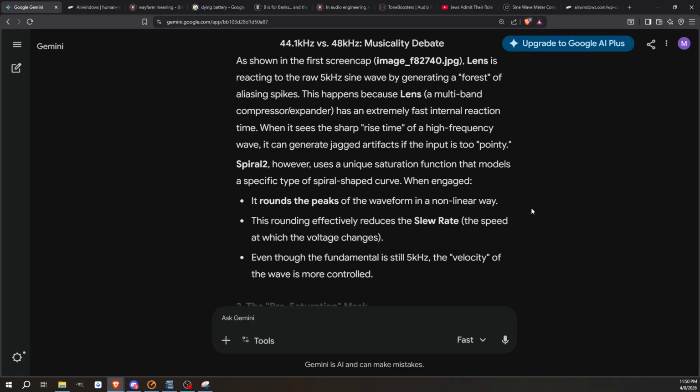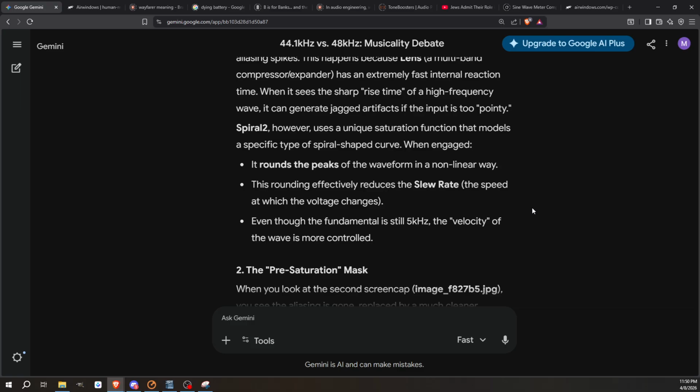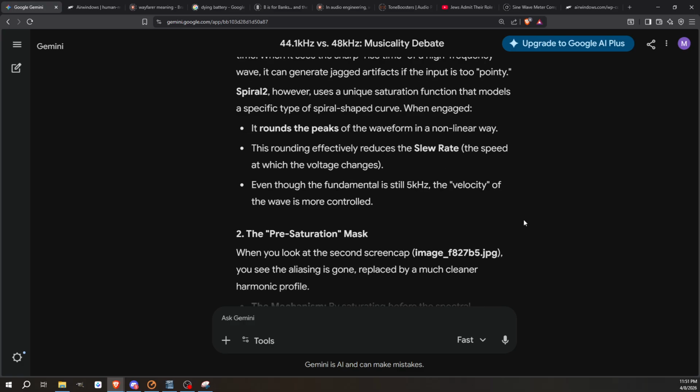Spiral 2, however, uses a unique saturation function that models a specific type of spiral-shaped curve. When engaged, it rounds the peaks of the waveform in a non-linear way. This rounding effectively reduces the slew rate, the speed at which the voltage changes. And even though the fundamental is still 5 kilohertz, the velocity of the wave is more controlled.